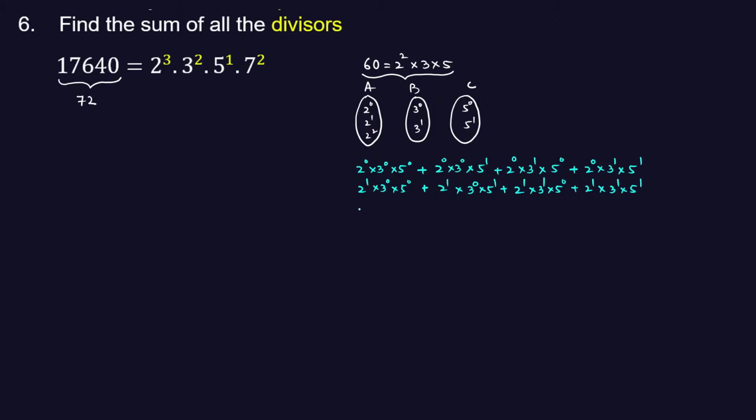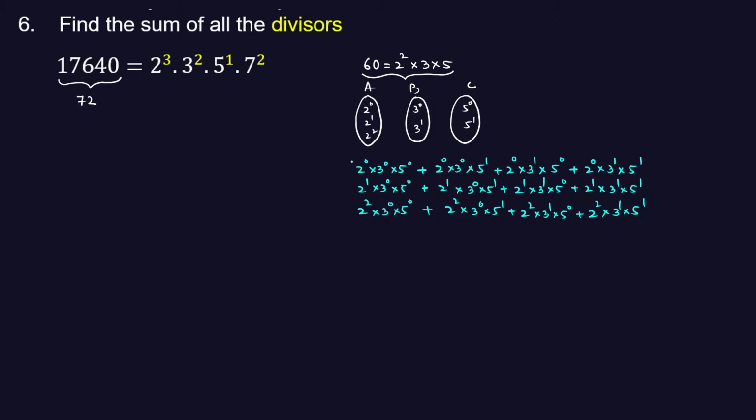Now consider 2 square. 3 to the power 0, 5 to the power 0. 2 square, 3 to the power 0, 5 to the power 1. 2 square, 3 to the power 1, 5 to the power 0. 2 square, 3 to the power 1, 5 to the power 1.